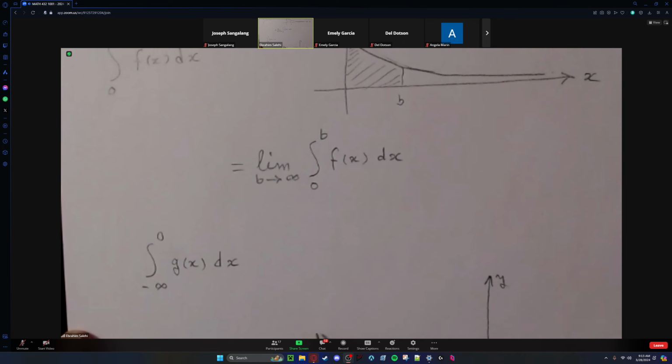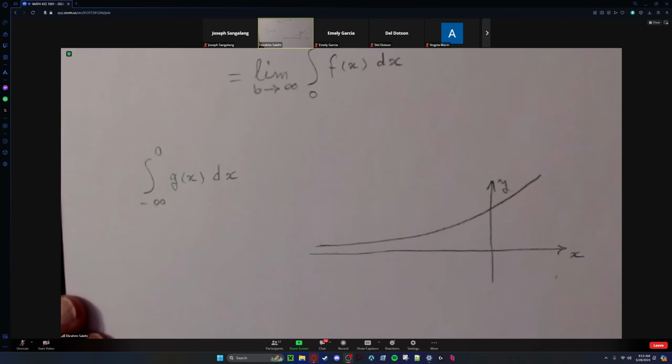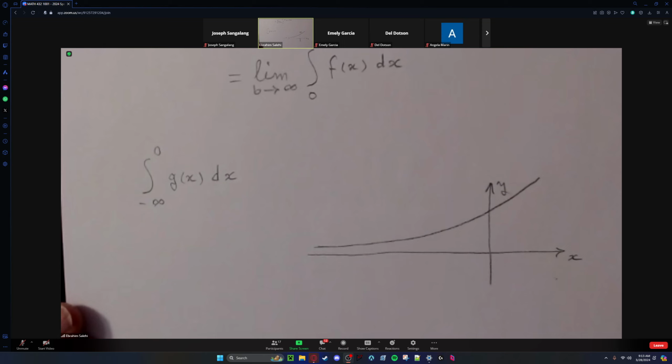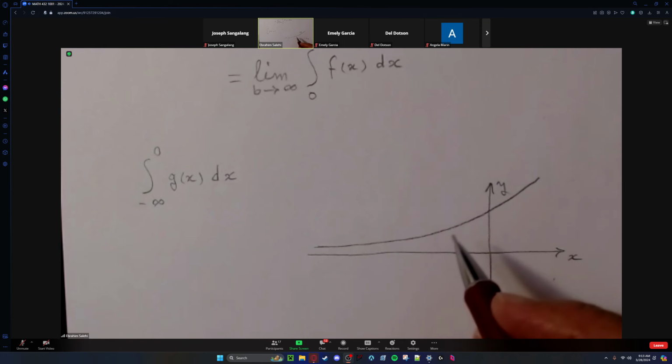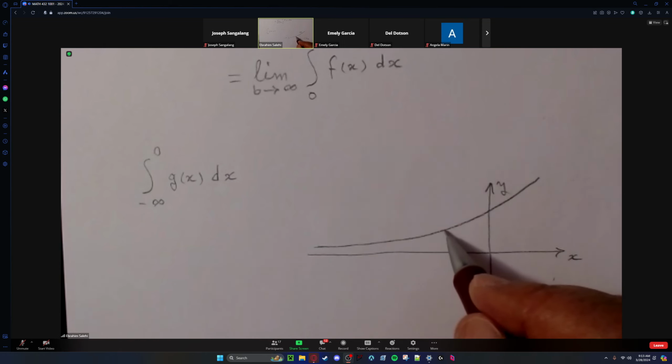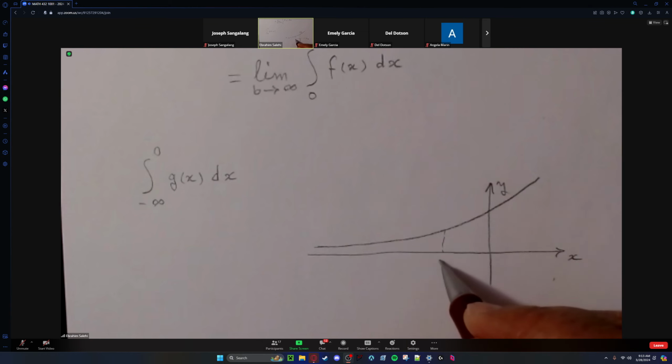Let's say the function is working like this one. This is g. So in this case, what you do is you integrate from this number here, let's call it a, to 0.